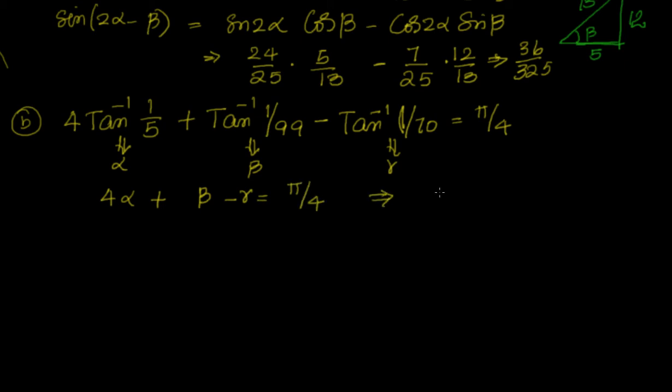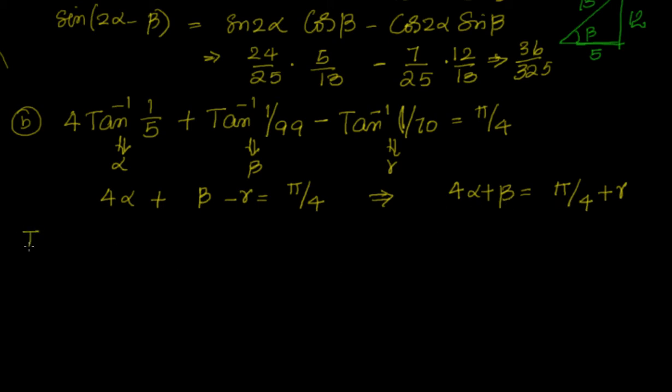I will take gamma that side and say 4 alpha plus beta equal to pi by 4 plus gamma, and you can see all these tan values are less than 1. That means they are between 0 and pi by 4. Correct? Right.